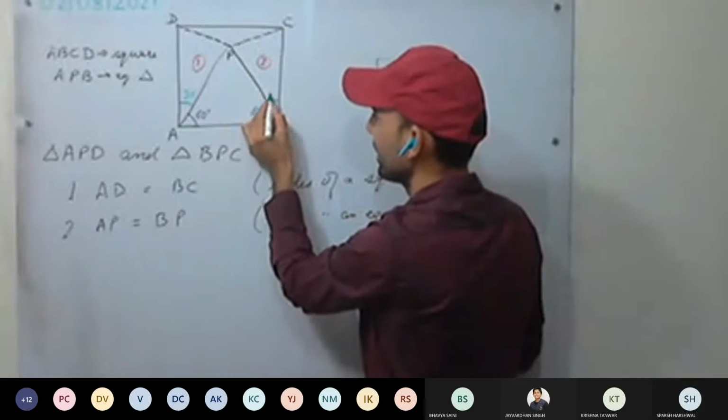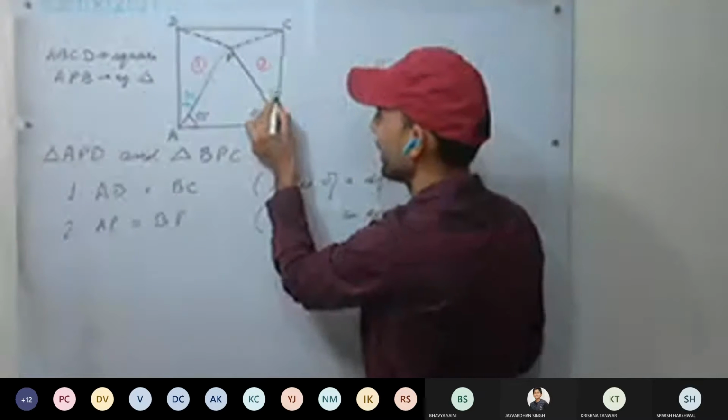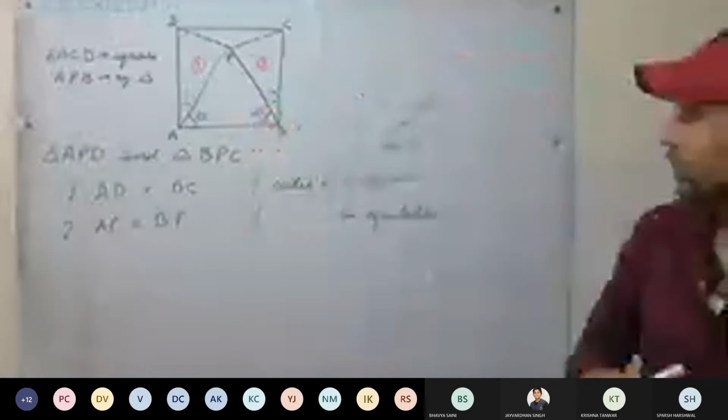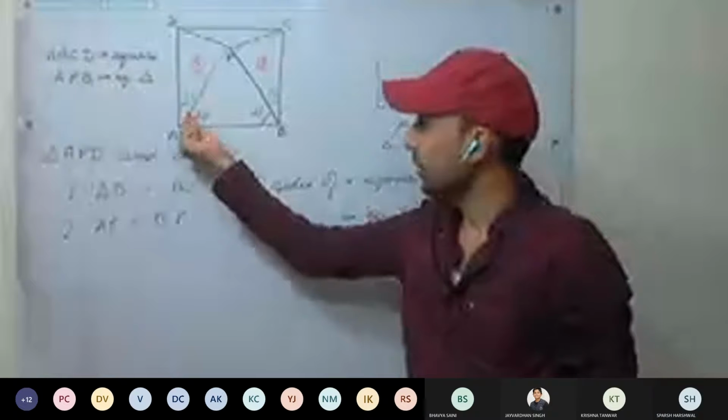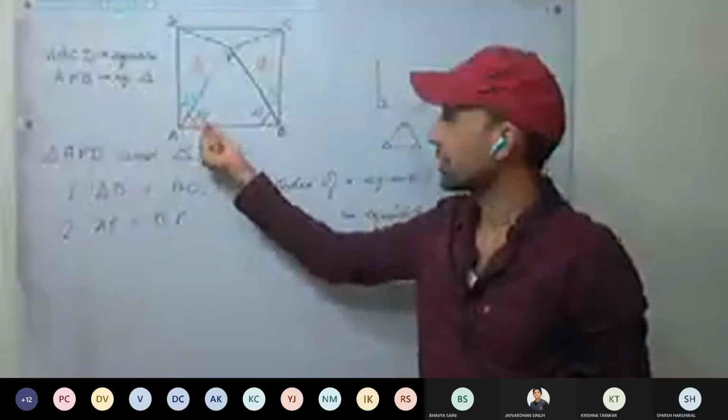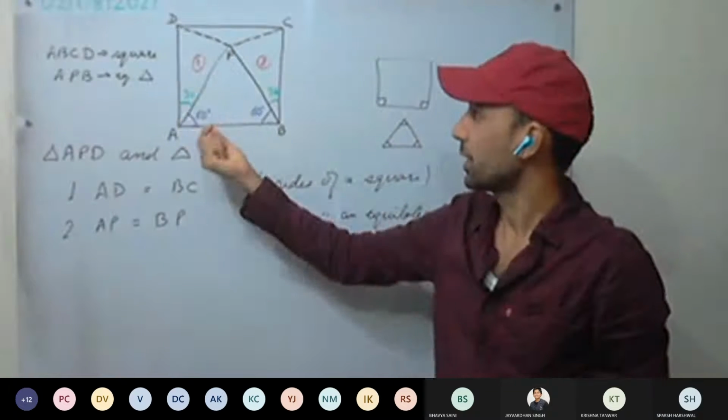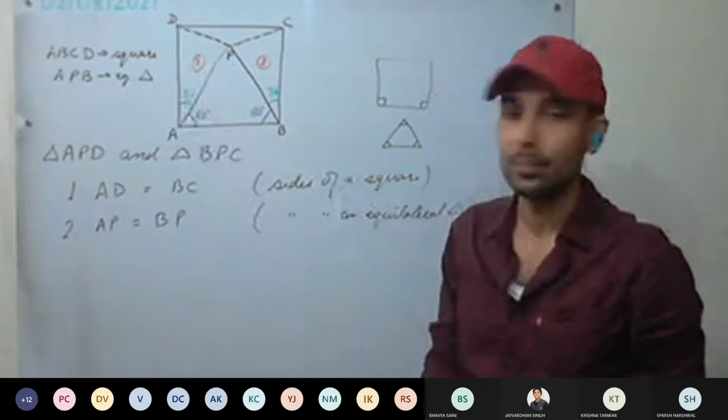And this angle? 30 degrees. Understood now? This angle is 90 degrees, in an equilateral triangle the interior angle is 60 degrees, so the remaining angle will be 30 degrees. Now we can prove the angle.